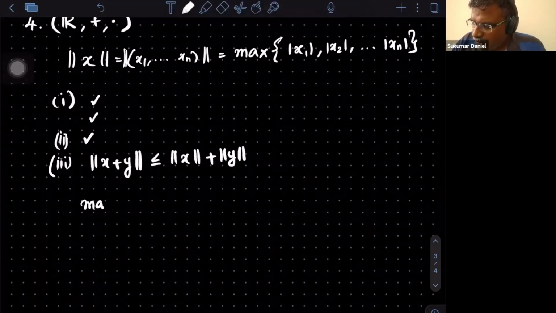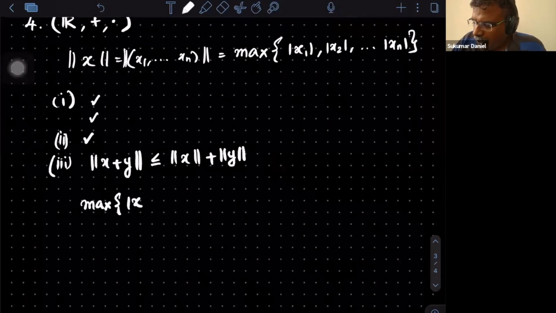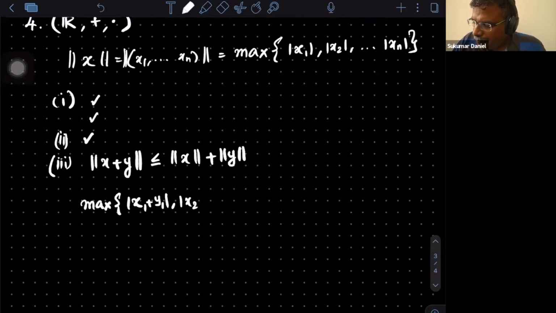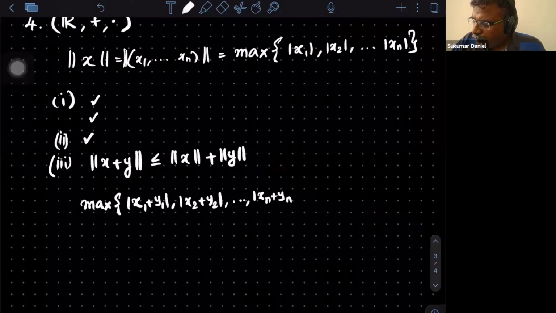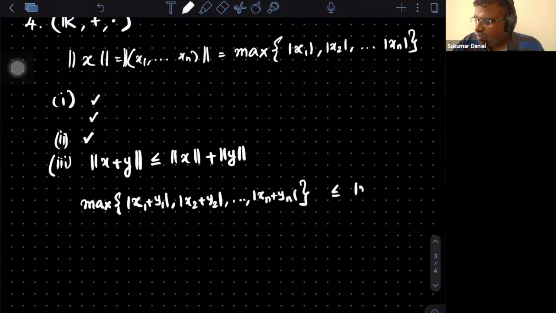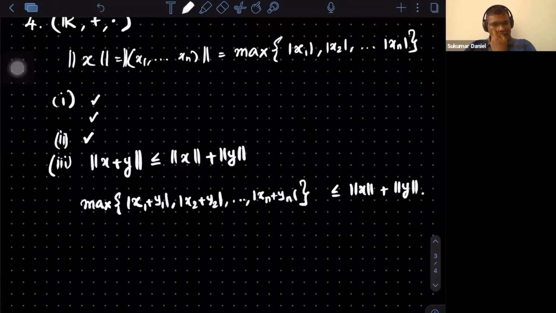It is the maximum of, by addition, what is x plus y? x has n coordinates and y also has n coordinates, and addition is defined coordinate-wise. So this is the left hand side, and you want to say that this is less than or equal to norm x plus norm y. Okay. And can you see that this idea is already repeating whatever we have done?